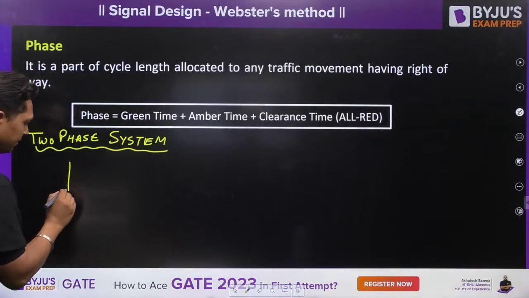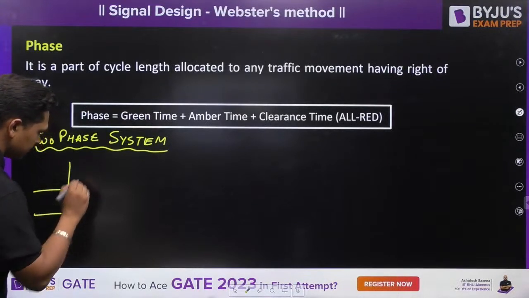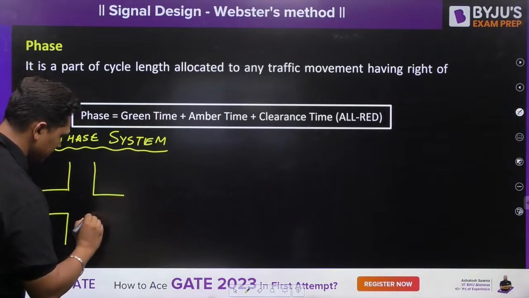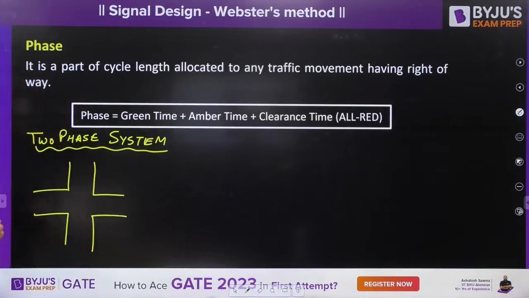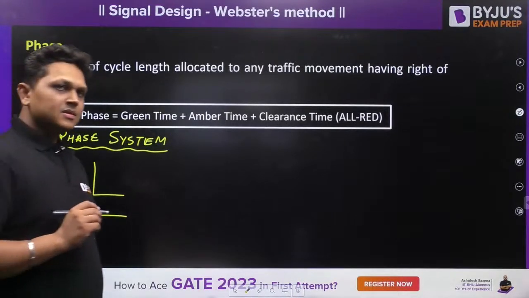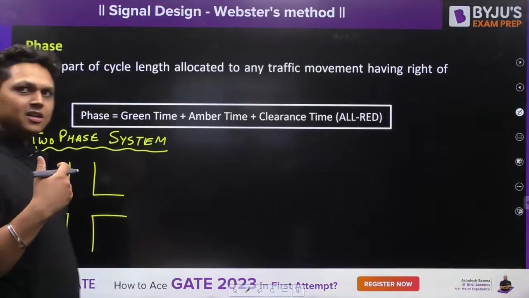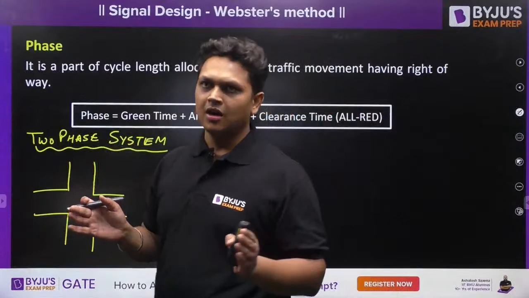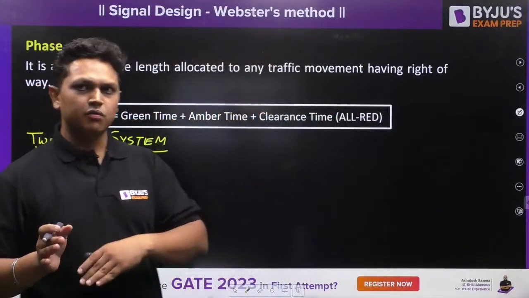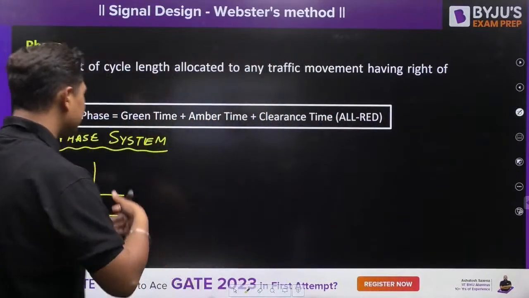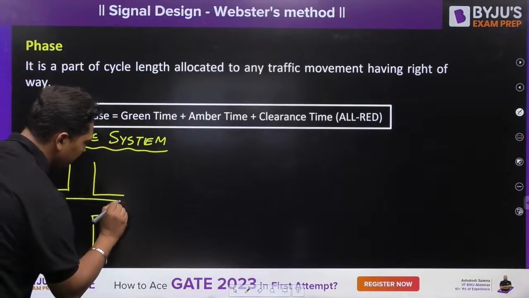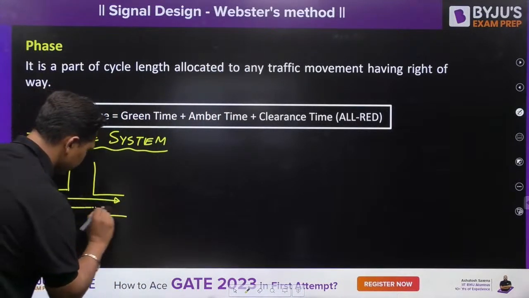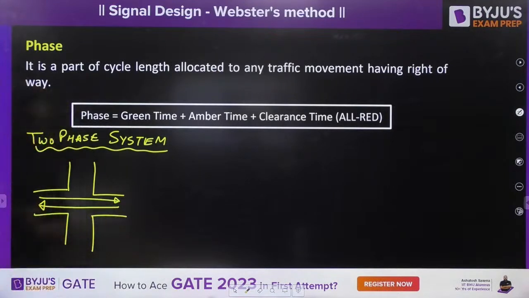In a two-phase system, there is only traffic which is going in a straight direction. There is no turning traffic, no traffic which wants to take a turn. It is moving only in the straight direction. So in one phase you are allowing the traffic to move in this particular direction.